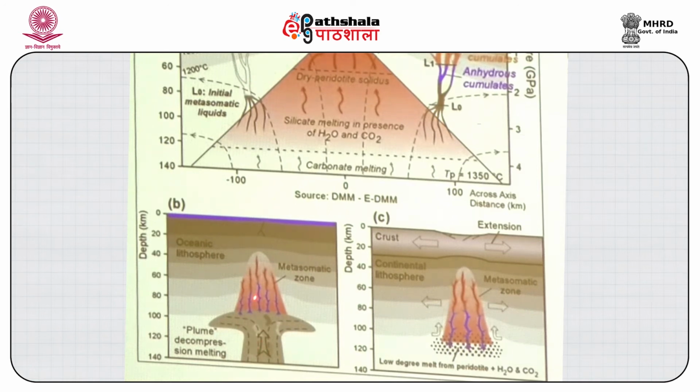So, when it comes out, the upper portion of the plume will generate rocks which will come out on the surface as enriched basalt, because they are coming from depth, and they will take most of the incompatible trace elements from within the plume, and this red part which you are seeing here will come out ultimately as enriched basalt.